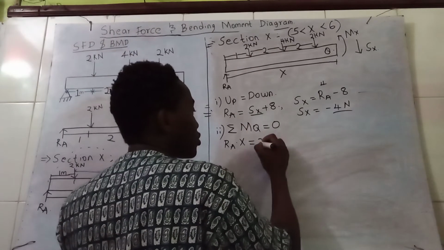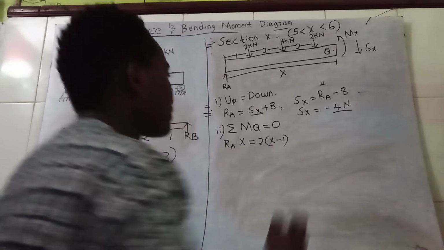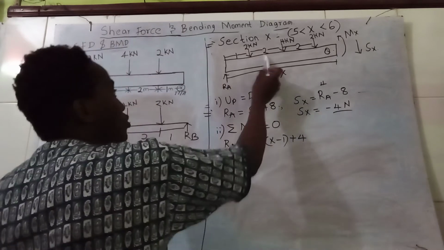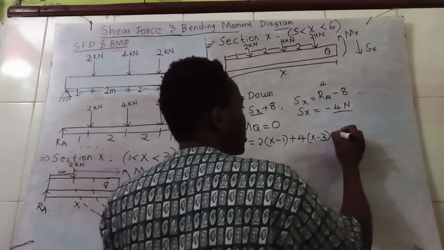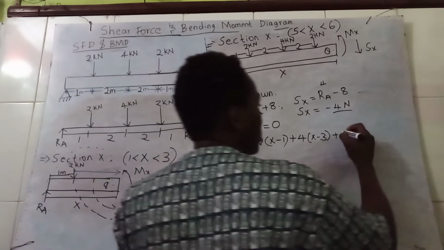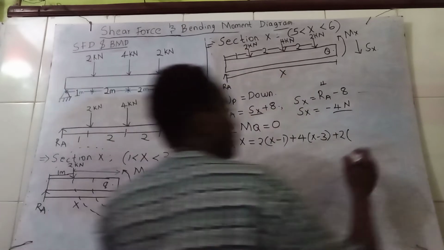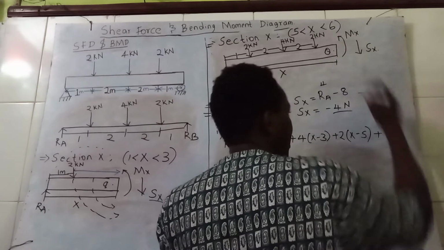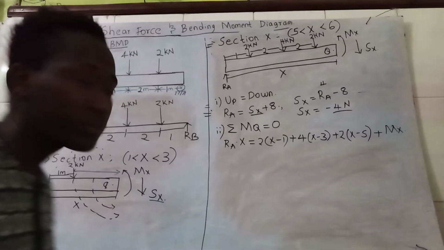So 2 multiplied by x minus 1, plus 4 multiplied by x minus 3, plus 2 multiplied by x minus 5, plus the moment Mx.